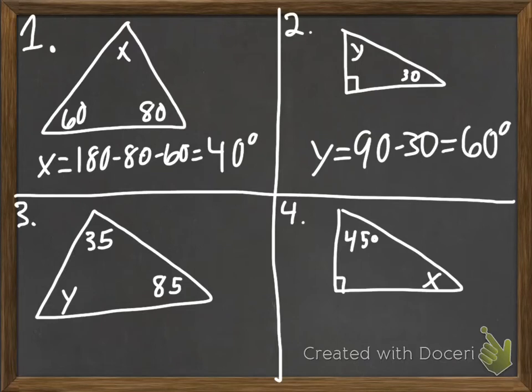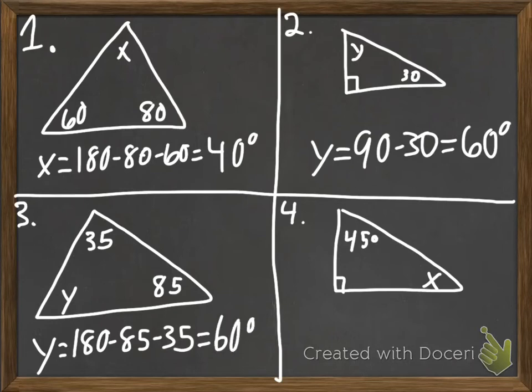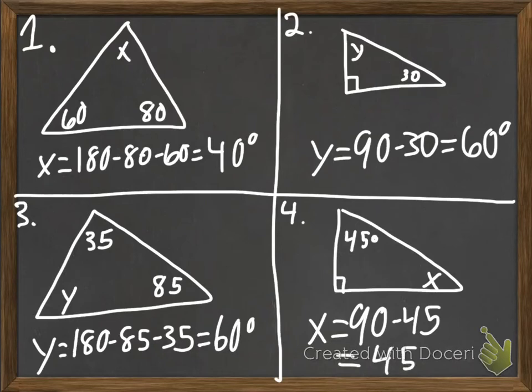Number 3, y is going to equal 180 minus 85 minus 35. So our y is going to equal 60 degrees again. And 4, we know that x equals 90 minus 45. So x equals 45 degrees.